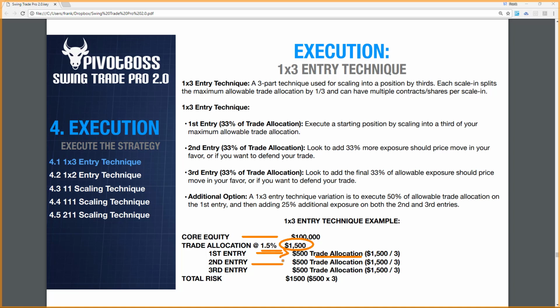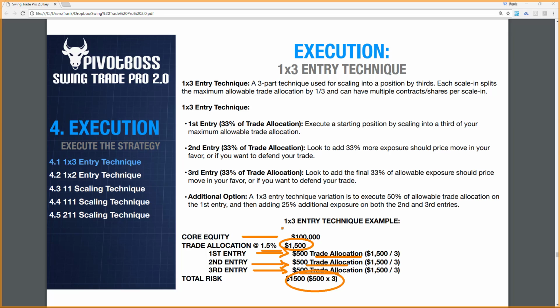Your second entry would be an additional $500 worth of risk, and your third entry would be a final $500 worth of risk, giving you a total of $1,500 that you are risking for that trade. Now, again, this can be used with options, it can be used with futures, it can be used trading stocks. However you want to do this, you can always use it with any approach that you want to do with any underlying on any account size.